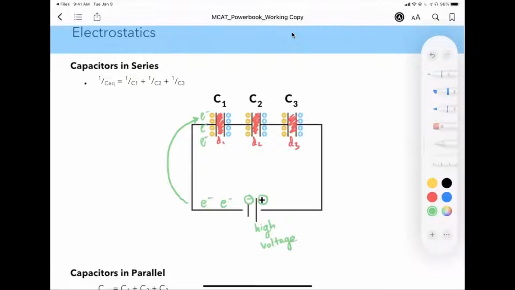What that will do is the electrostatic repulsion of all of these electrons bouncing around on each other will push the electrons that are on this side of the plate, and cause them to move here and accumulate on the left side of the capacitor 2 plate.